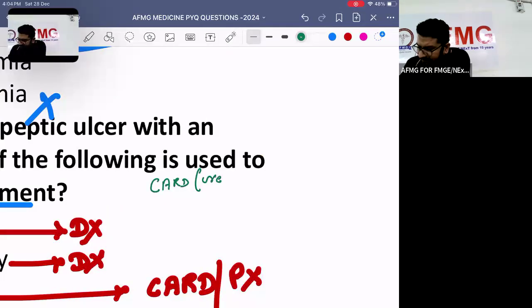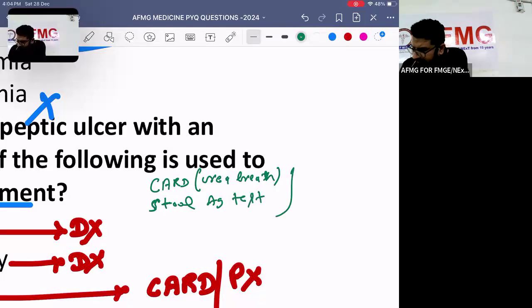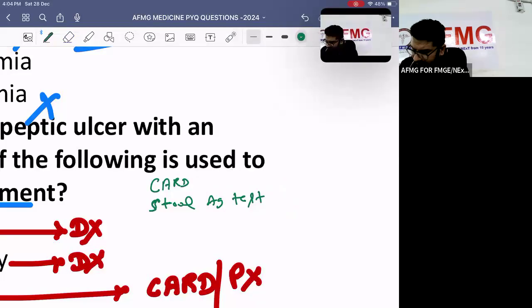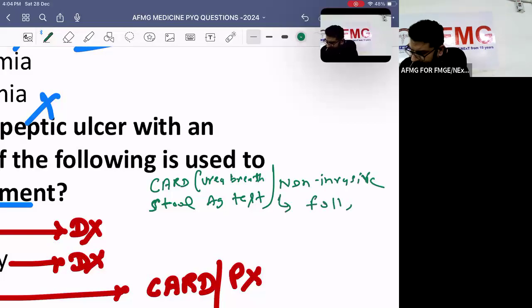Card-based tests like rapid urea or urea breath test, and stool antigen test, these are non-invasive, and these are done for follow-up.